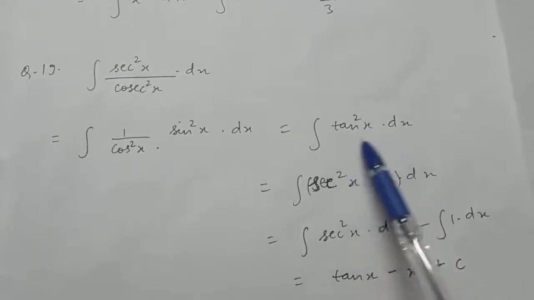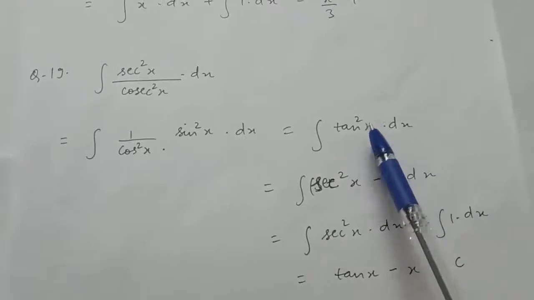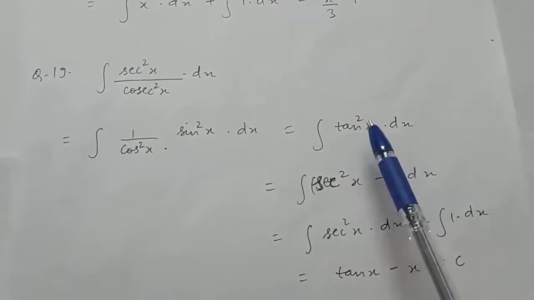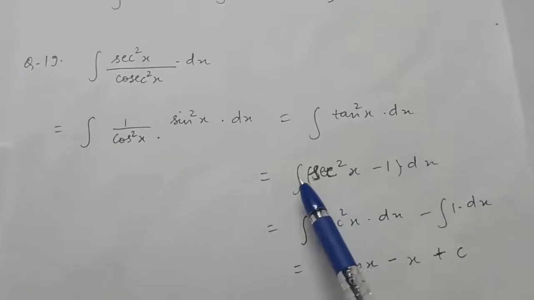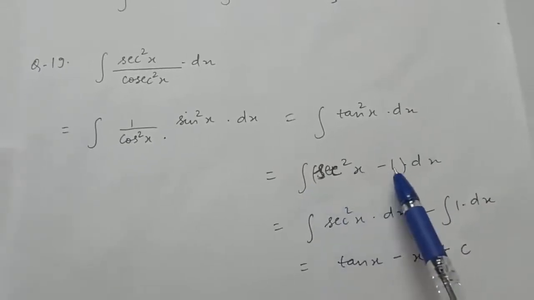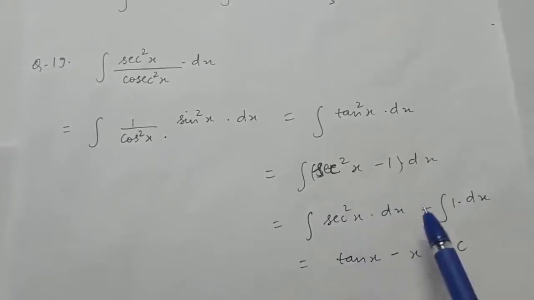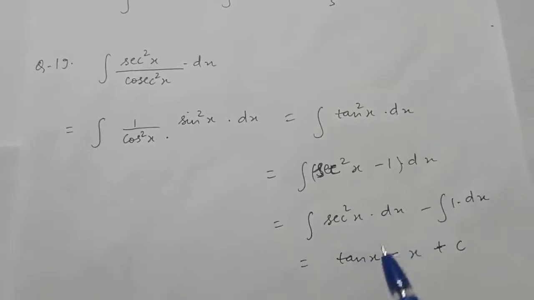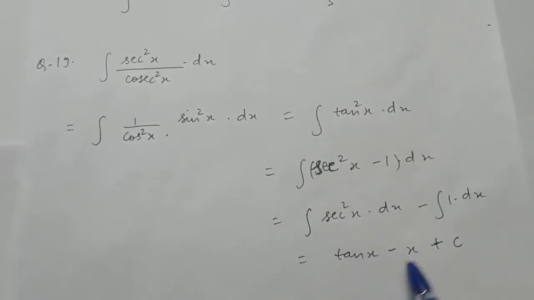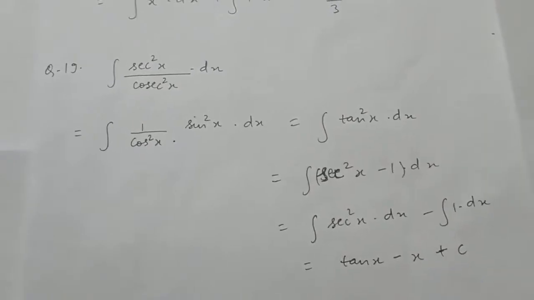Still we don't know the integral of tan square x. Therefore, we are using the trigonometric property, which is tan square x plus 1 is secant square x. So you will get it as integral of secant square x minus 1. Now integral of secant square x minus integral of 1. Integral of secant square x you know is tan x, minus integral of 1 is x, plus c, right?